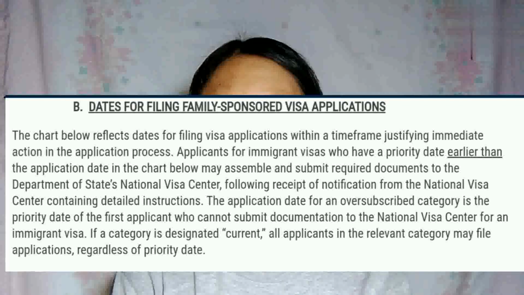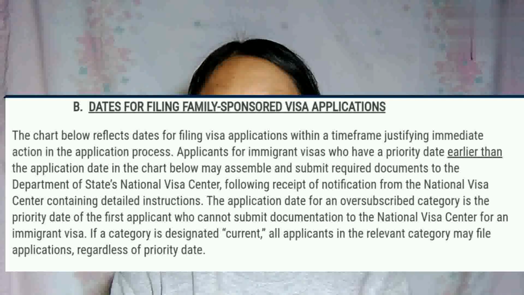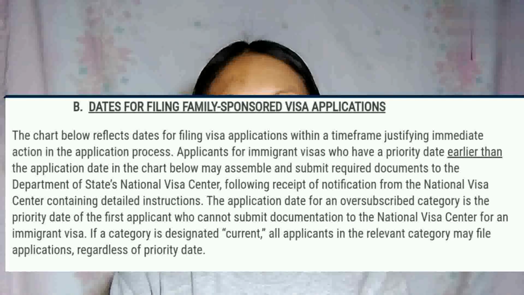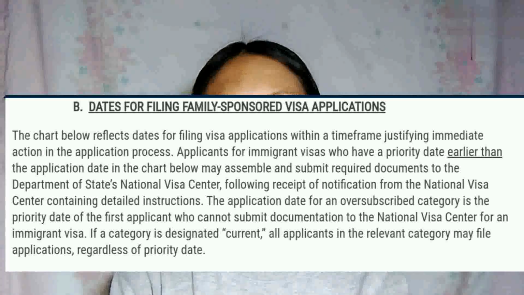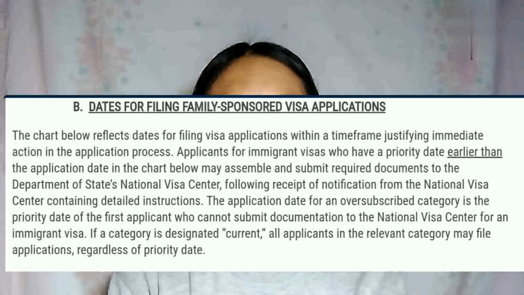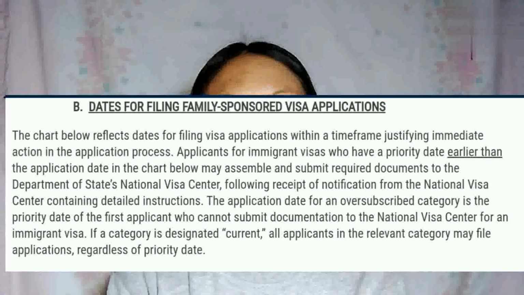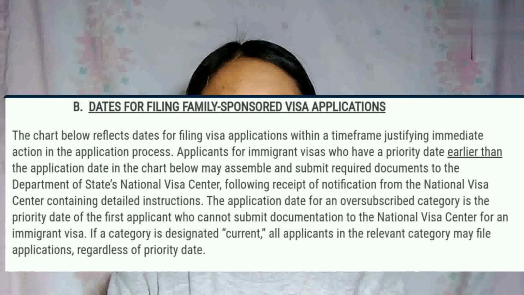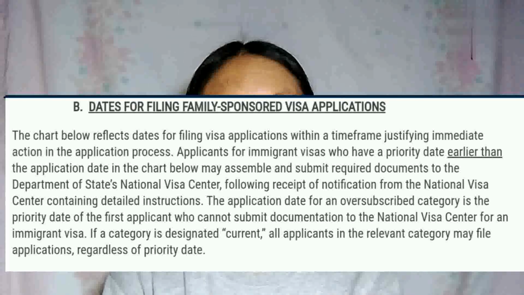Applicants for immigrant visas assemble and submit required documents to the Department of State's National Visa Center following receipt of notification from the National Visa Center containing detailed information. The application date for an oversubscribed category is the priority date of the first applicant who cannot submit documentation to the National Visa Center for an immigrant visa.